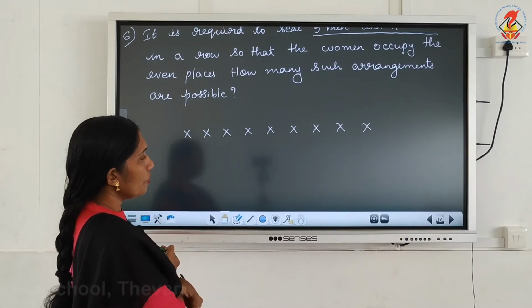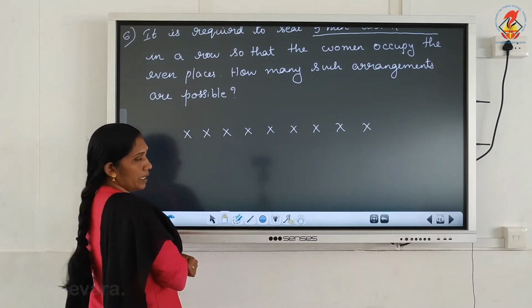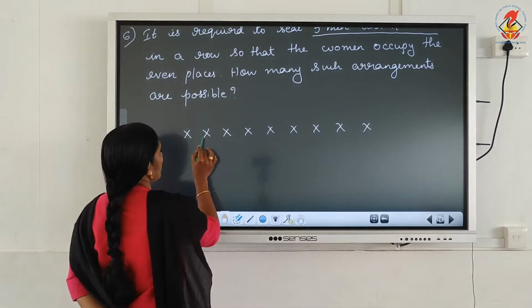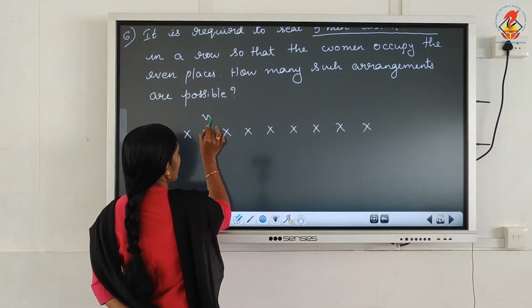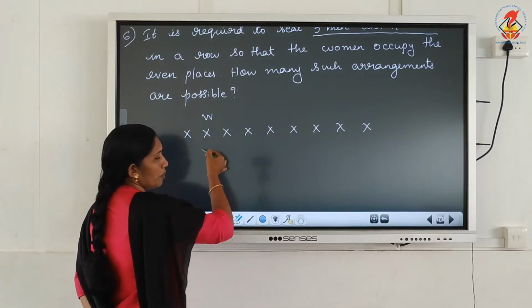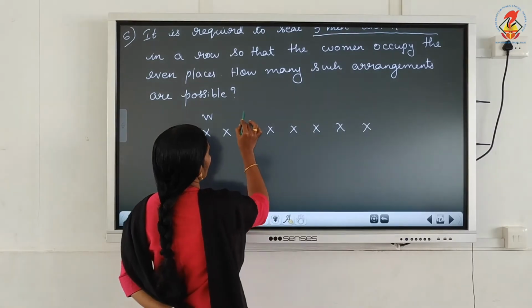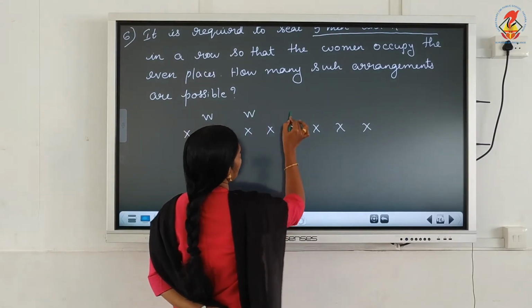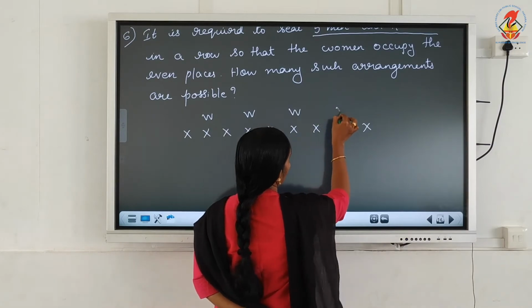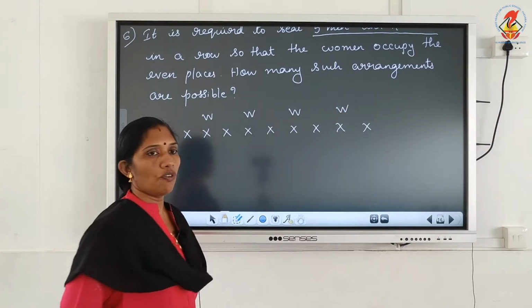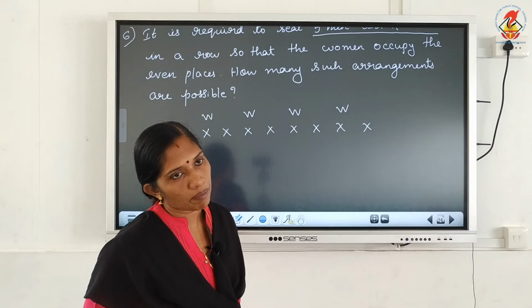So there are 4 women, and they occupy the even places. This is the second place, an even place, so one woman can sit there. Then 4th place, 6th place and 8th place. So 4 women and 4 even places.